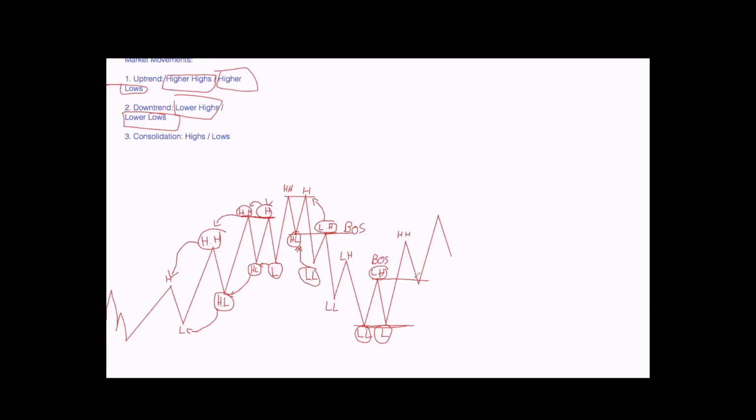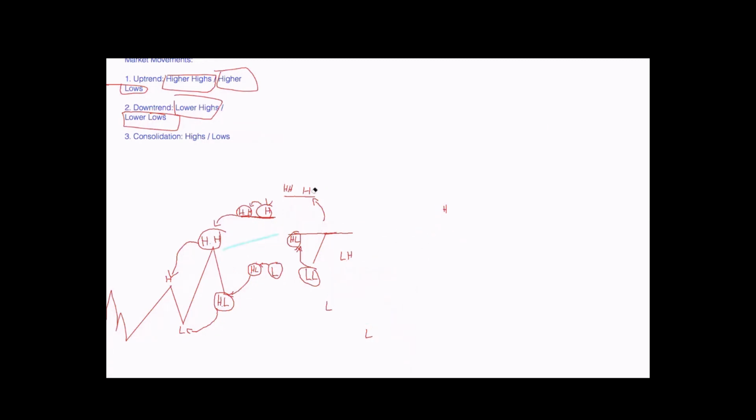So from the higher high, it came back down and formed a higher low, continuing the uptrend, higher high, higher low. So I'm going to erase this, right? If you guys wanted, you could have taken a picture of that, but I'm going to erase this really quickly.